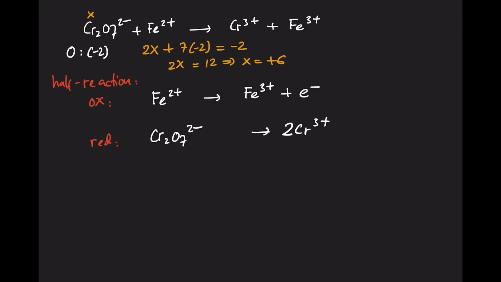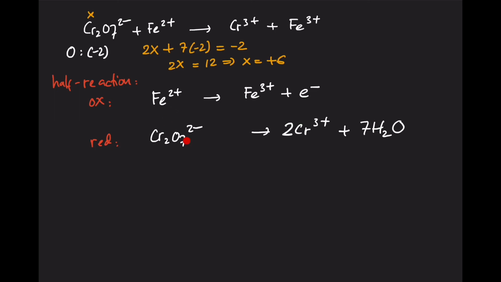We would have 7 oxygen at the reactant side. To balance this, we will add 7 water molecules at the product side. So now we have 7 oxygen at the product side and 7 oxygen at the left side. However, now we encounter a different problem.